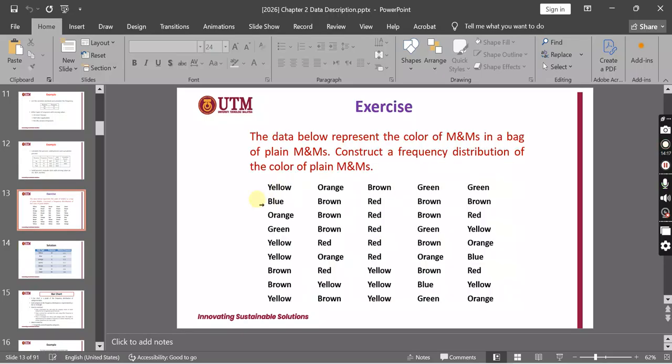For example, let's count the blue in the raw data. So this one is 1, and in this column we don't have it, in this column we don't have it, here we don't, also here, yes, this is 2, and this is 3.